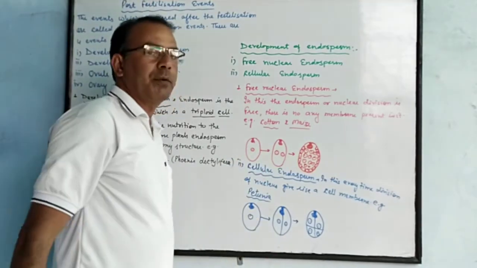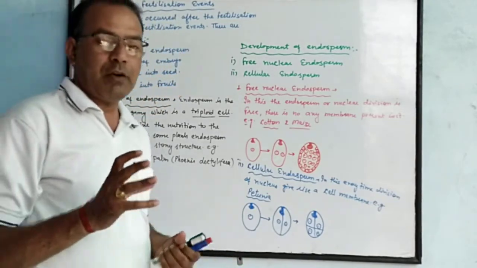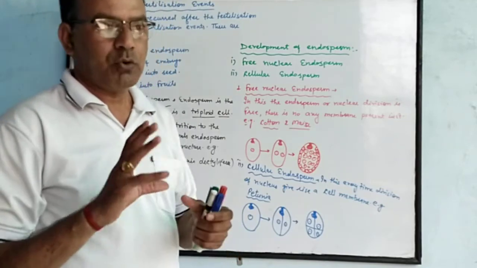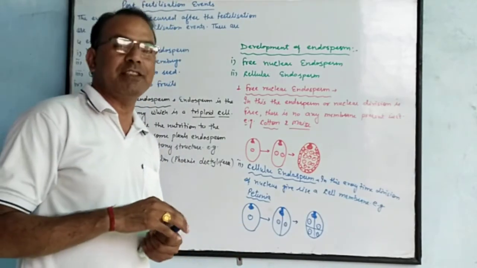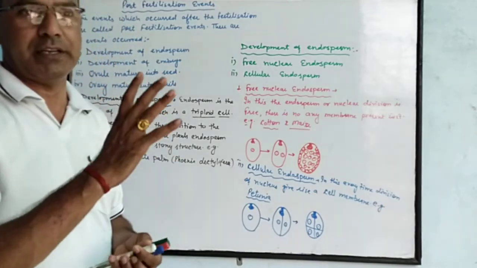This occurs in petunia. You have seen that in coconut a watery substance is produced. कोकोनट के अंदर वाटरी सब्सटेंस कंटेन होता है, दैट इज नॉट वाटर, इट इज फ्री न्यूक्लियस, थाउजेंड्स ऑफ फ्री न्यूक्लियस.